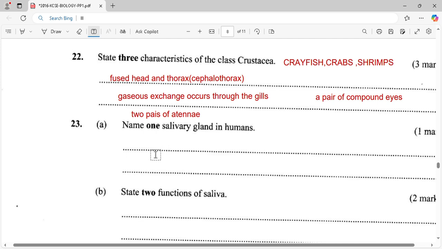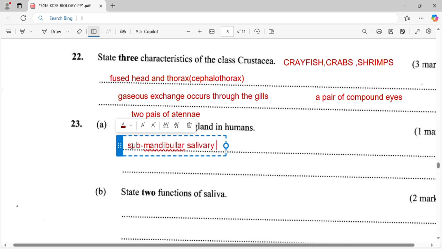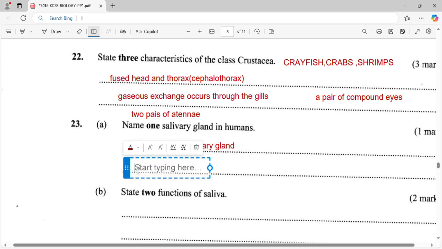Salivary glands in humans, there are three. It is not one. The first one is called submandibular salivary gland. Then we have the second type of salivary gland, which is called sublingual salivary gland.